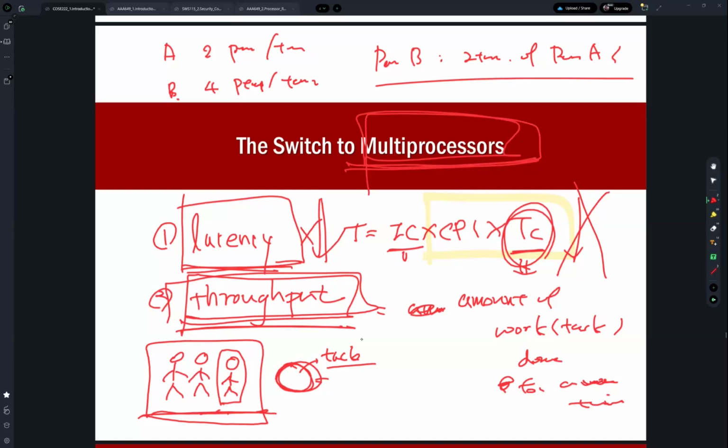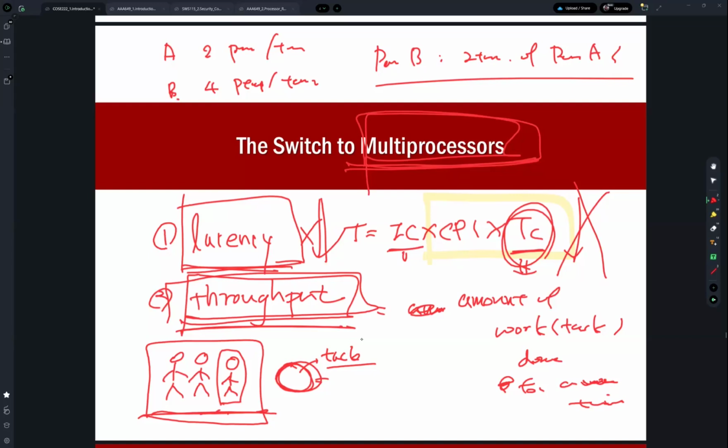Yes or no? With 4 people per team, the performance is higher, but actually it's not 2 times.